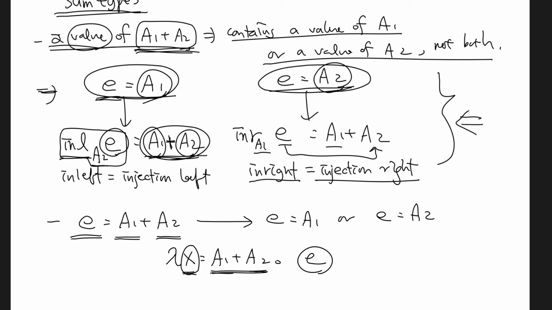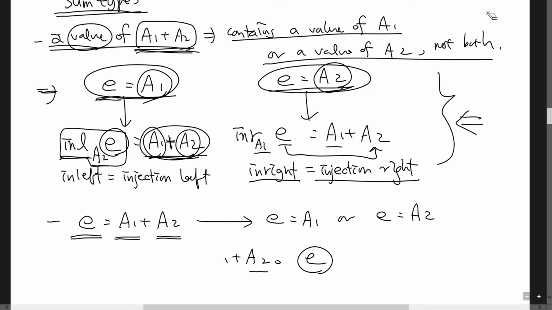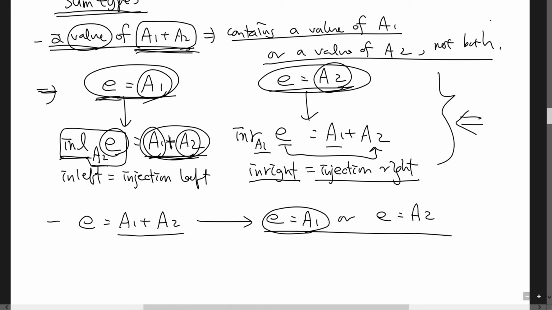Therefore, from an expression E of this sum type A1 plus A2, in order to extract a value, either this one or this one, we have to provide two possibilities.